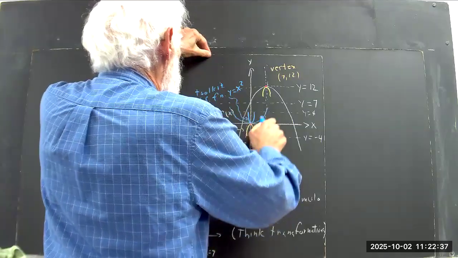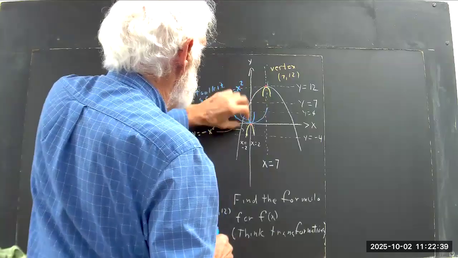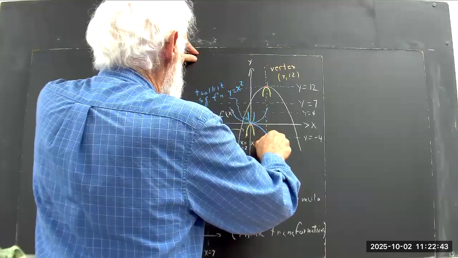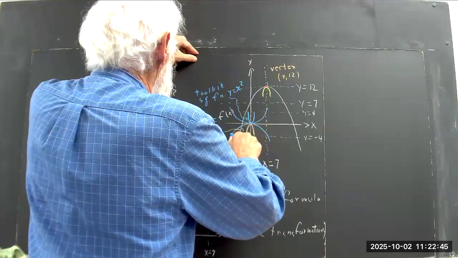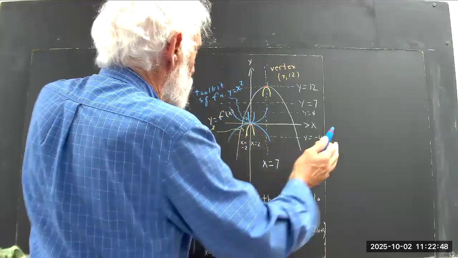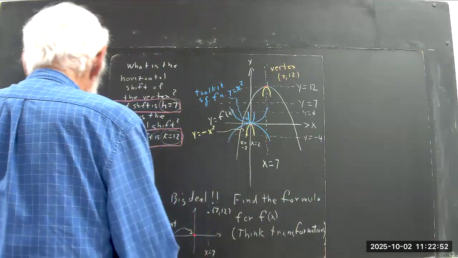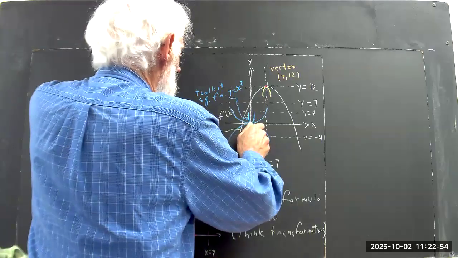Maybe about like so. So now this would fit if we turn it upside down, like so. I didn't draw it quite right. I drew it a little too wide, but you get the idea. And this one should have been in yellow.